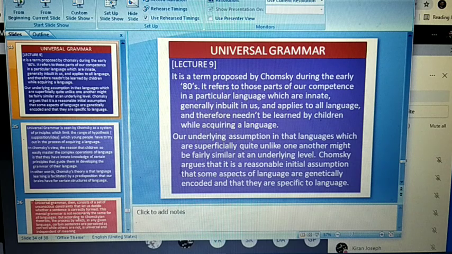So this potential, or this ability, or the faculty of an individual to distinguish between the right expressions and the wrong expressions, okay, is from what is known as universal grammar.